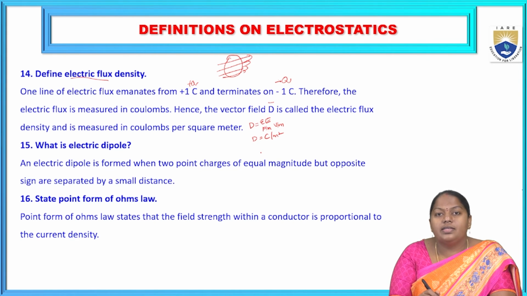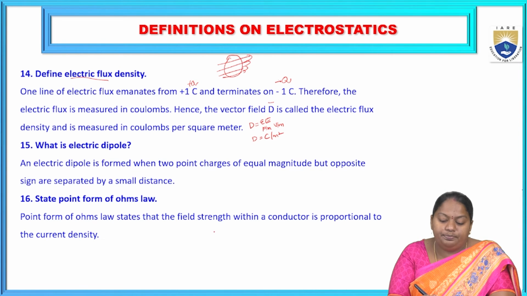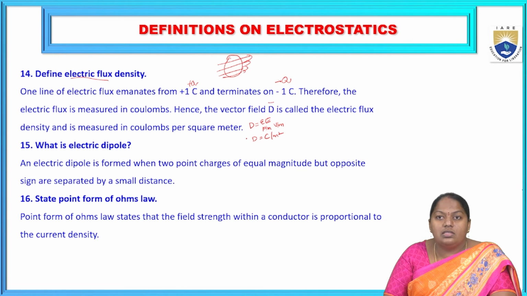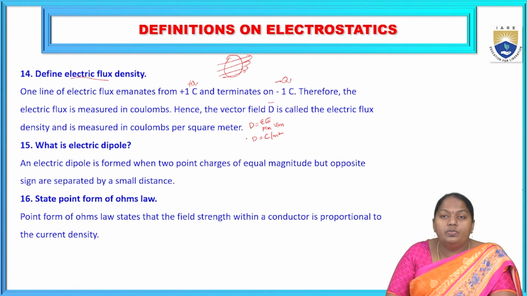It is also called electric field strength, and it is measured in volts per meter. This electric flux density is also called electric displacement. So the total number of lines of force passing through a given area is said to be electric flux density, and it is measured in coulomb per meter square.